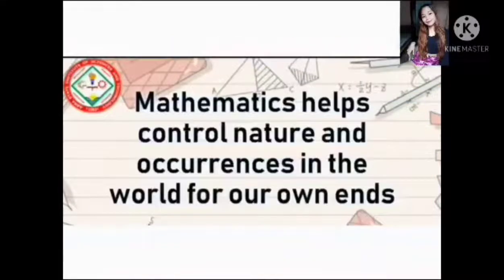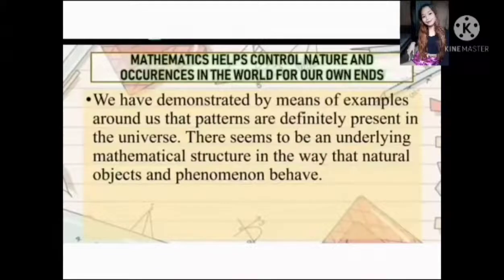So next is mathematics helps control nature and occurrences in the world for our own ends. We have demonstrated by means of examples that the universe seems to have an underlying mathematical structure in the way that natural objects and phenomena behave.